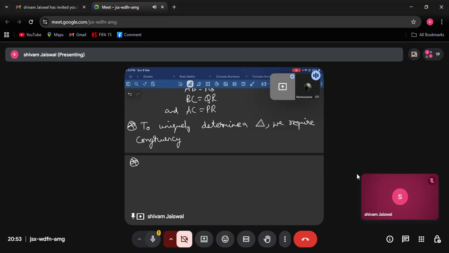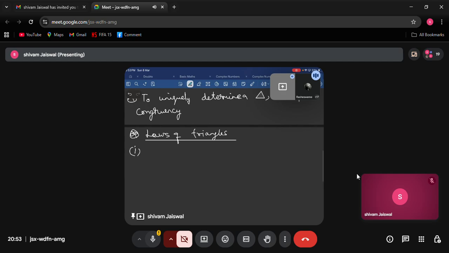Next, laws of triangles. Number one, sine rule. Everyone knows. Today we use it in one of the problems, I guess.